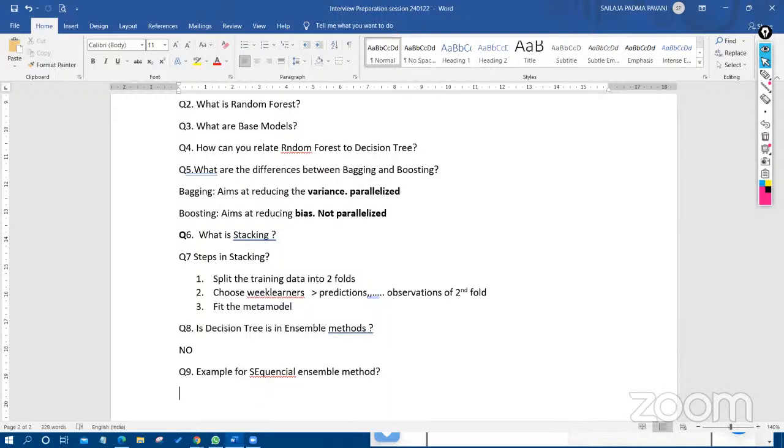Yes, very good, Ashish. AdaBoosting is an example of a sequential ensemble model. Generally, boosting means what? The mistakes the previous predictor makes, it will give better predictions in the future, right?